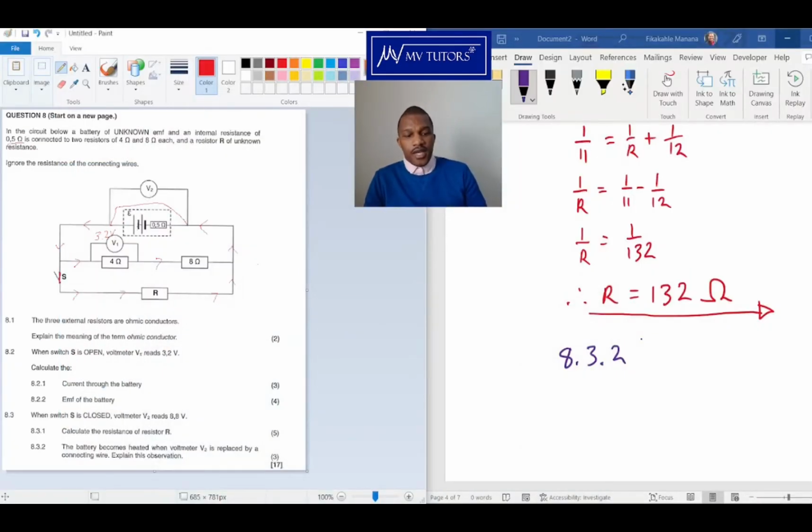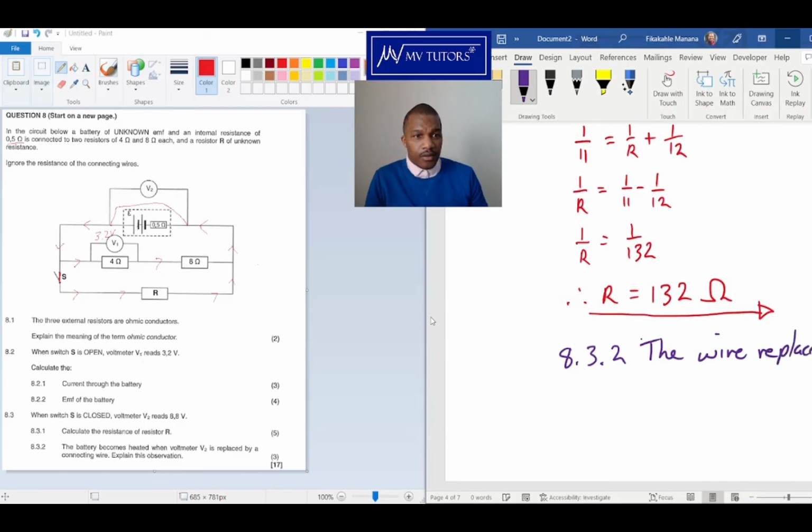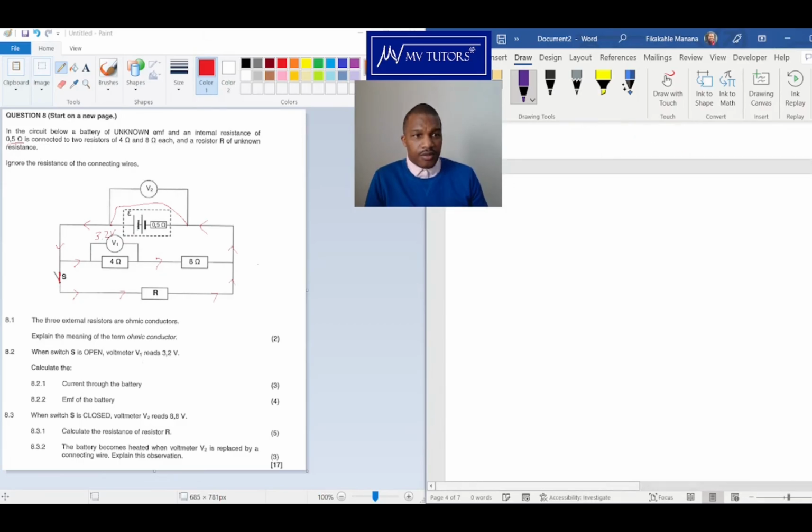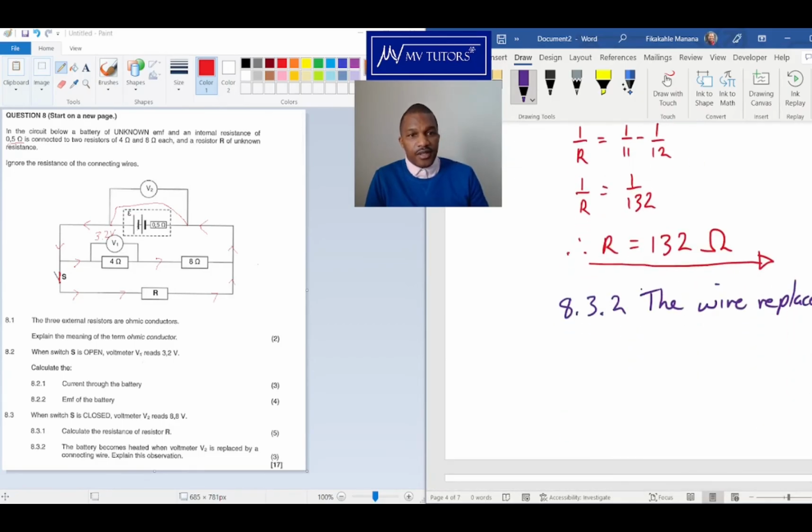So let's go right there up. So we're going to say the wire replacement, I was running out of space. Anyway, you can see that that's replacement.